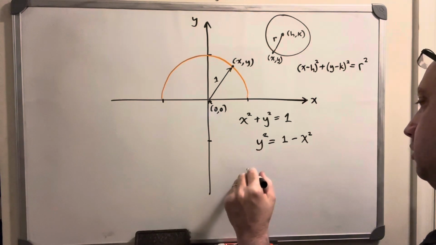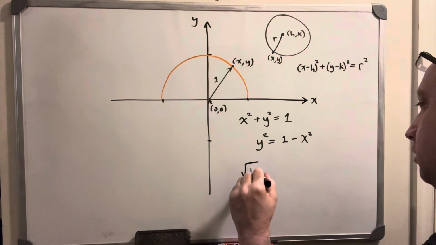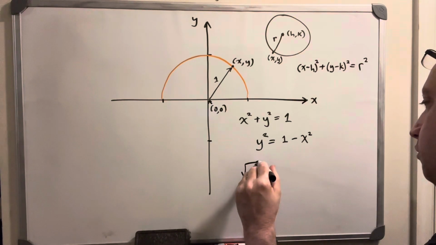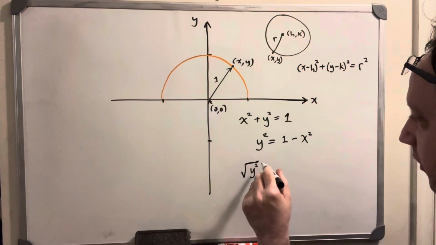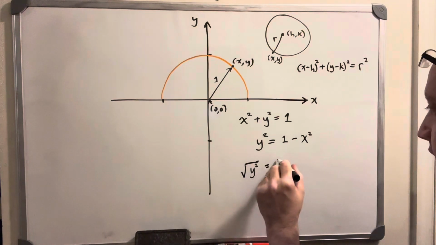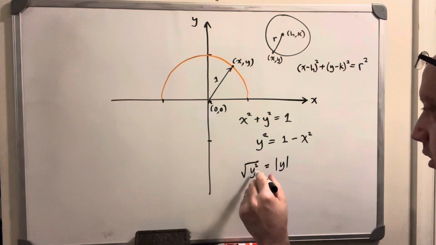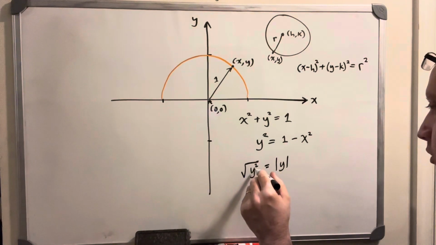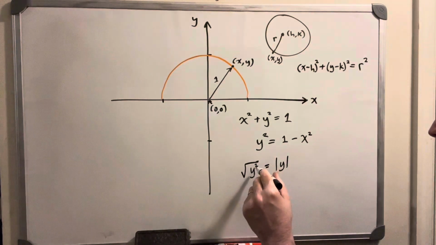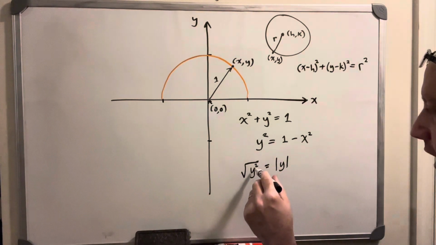And now the square root of y squared is technically the absolute value, because what if y was 1? And the square root of 1 squared is 1. What if y was negative 1?